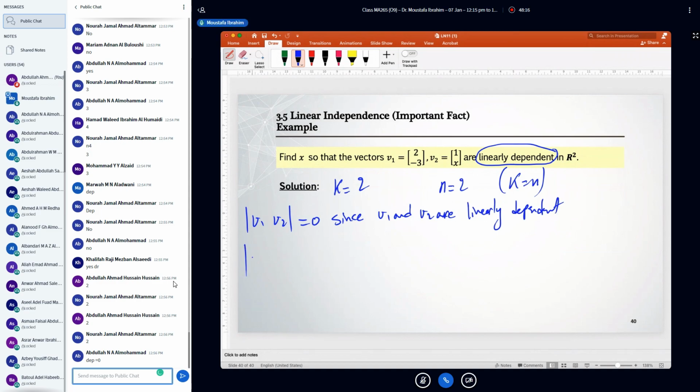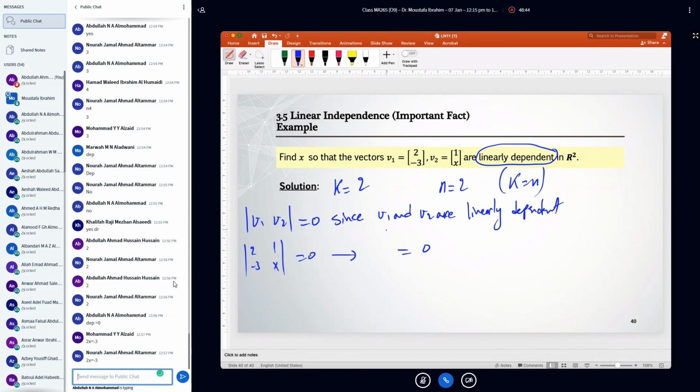Now, let's solve. v1 is 2, minus 3, and v2 has x. We set the determinant equal to 0. So from the right, we have 0. From the left, what's the determinant of this matrix? It's 2x plus 3.